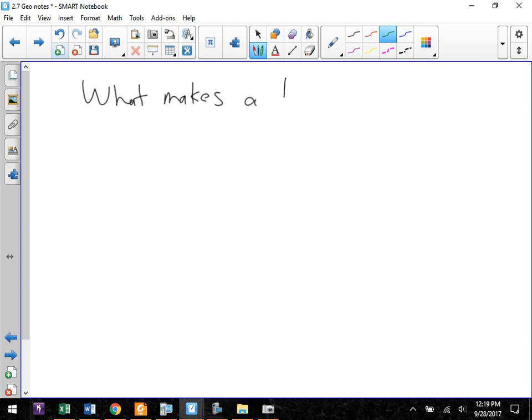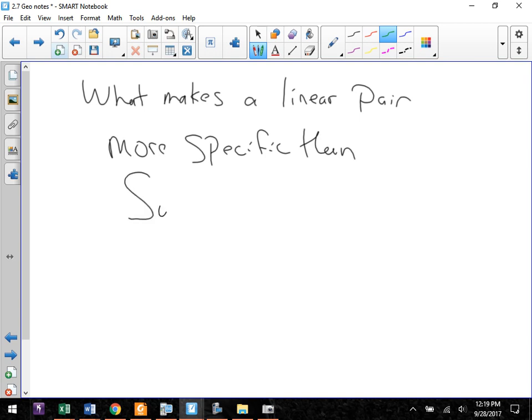What makes a linear pair more specific than supplementary? Do you remember? You gotta flip. Remember, linear pair means they have to be together. Supplementary just means they add to equal 180. Because what's in the word linear? Line.